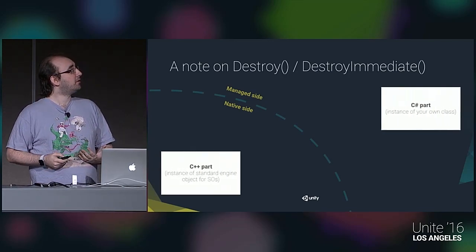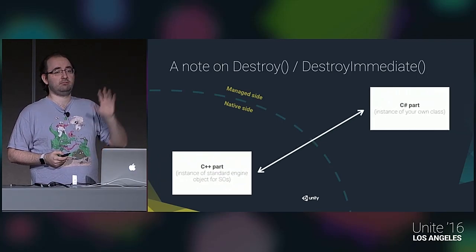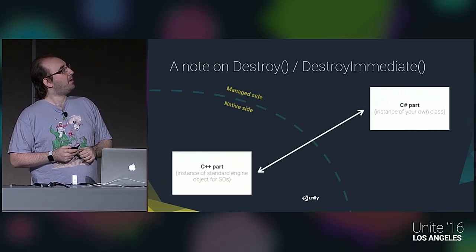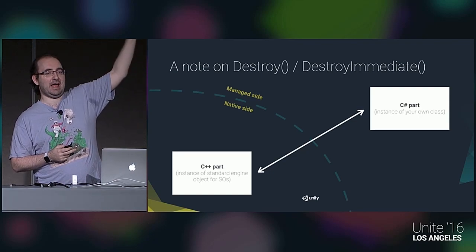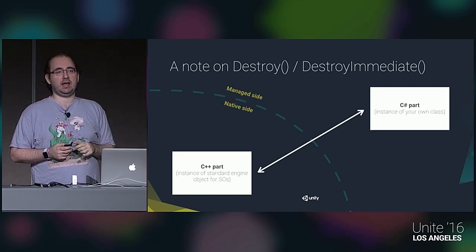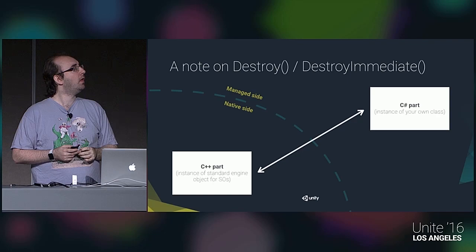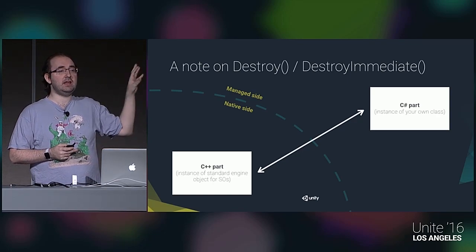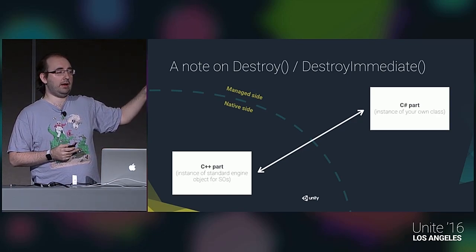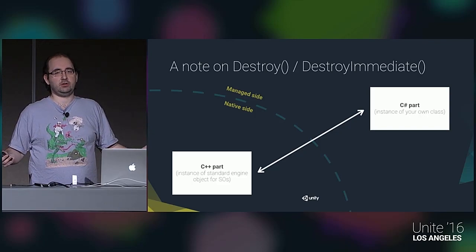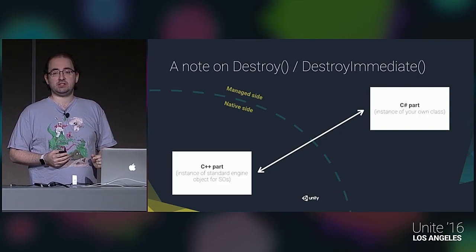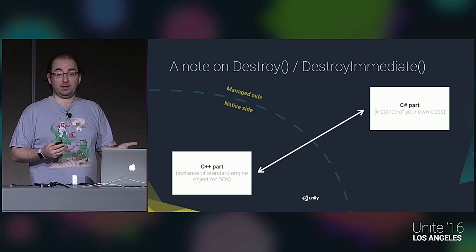So I've got my scriptable object that exists in memory right now. There's part of it that exists in managed land, and that's the C# class that you declared. And there's also a part of it that exists in C++. For all scriptable object instances that you ever create, we have the same class on the C++ side. It's actually the same class as we use for MonoBehaviour.